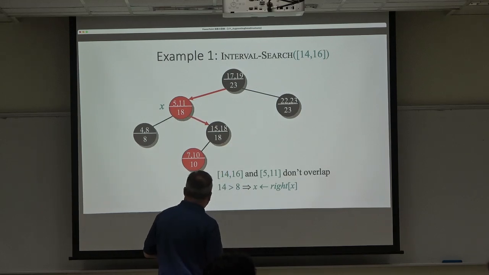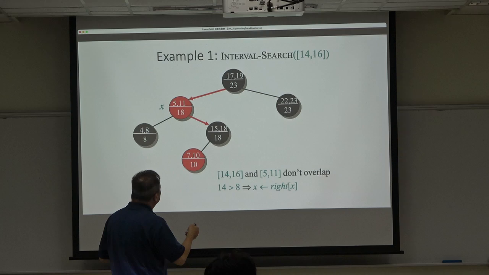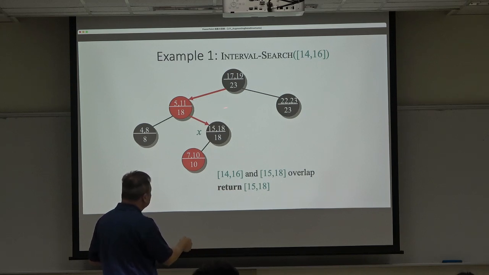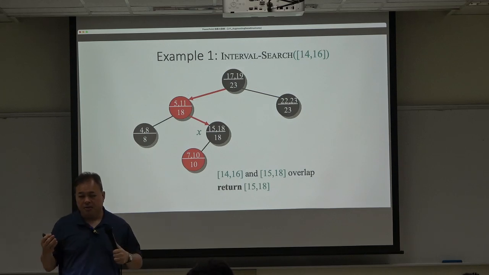Okay, so now we try to check 14, 16, and 15, 18 to see if they overlap. And obviously we have overlap. We hit overlap, so we return 15, 18. Right?